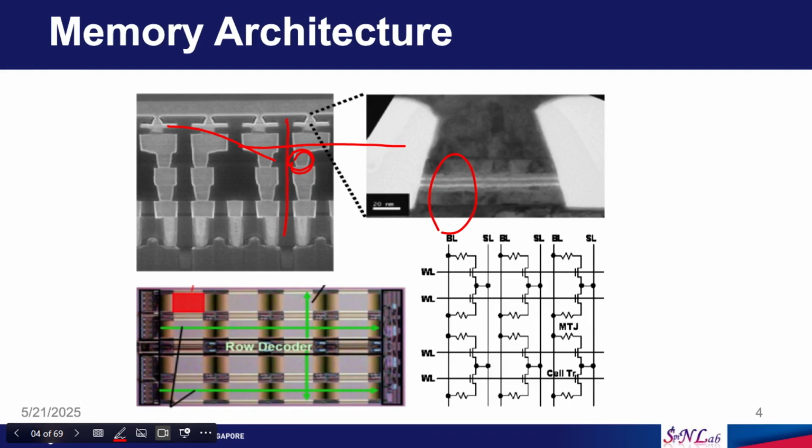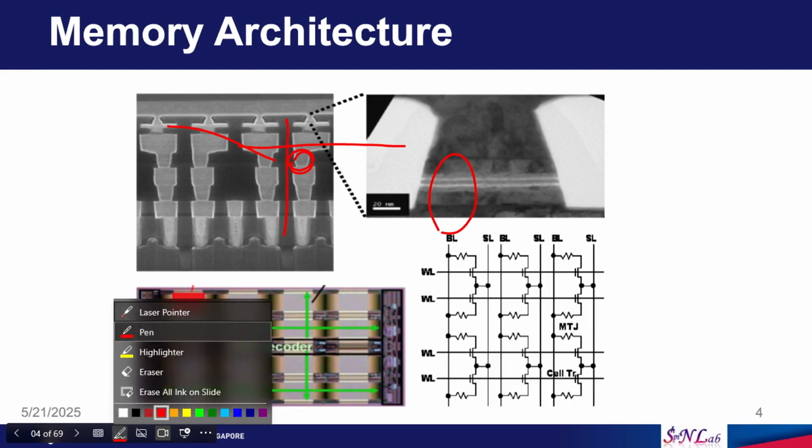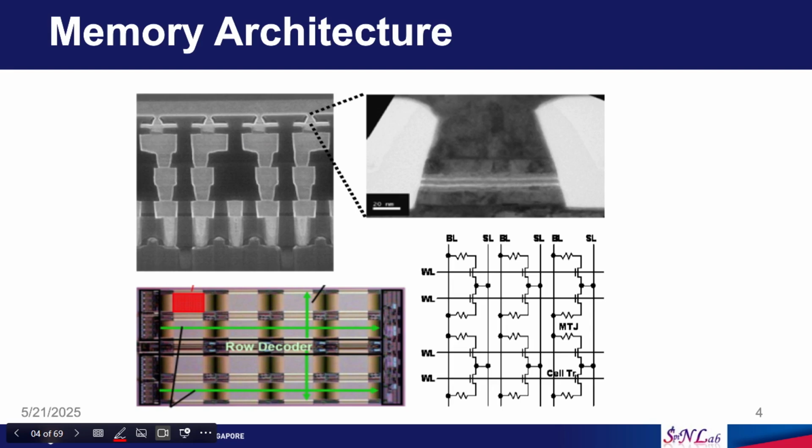If you look at this picture, you can see that this whole thing is related to the transistor part. I am not very good in this semiconductor electronics, but these are all things related to the transistor part. Then on top we have this.